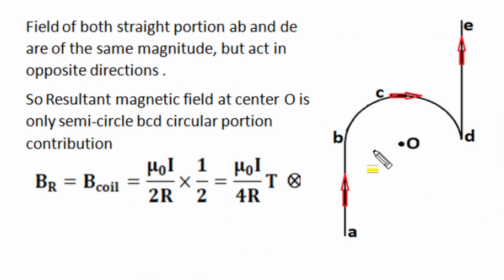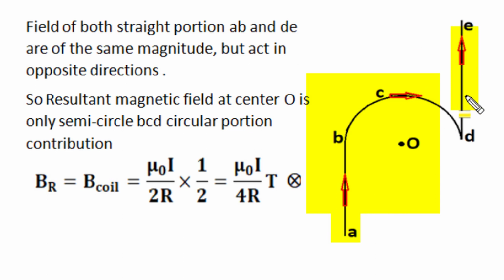Now in this example, the observation point O, the center of this semicircle BCD arc, is not on the axis of the AB or DE conductor, but it has a perpendicular r distance at one end of these conductors of infinite length carrying I current. So these two will contribute magnetic field along with this circular arc, and AB and BCD sections make an identical enclosure around this O point, so their magnetic contributions are in the same direction.